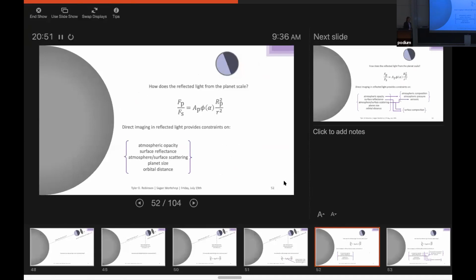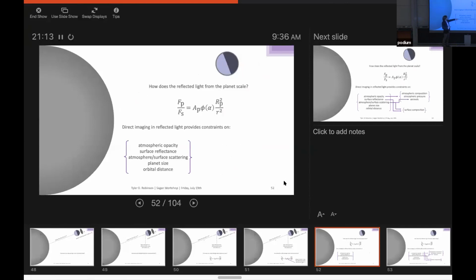Okay, so putting that expression front and center, what are things that we could hope to say about exoplanet atmospheres or biosignatures given a planet-to-star flux ratio spectrum in reflected light? You should be able to say something again about atmospheric opacity, which is going to affect the albedo primarily. You should be able to say something about surface reflectance, which again will affect the albedo.